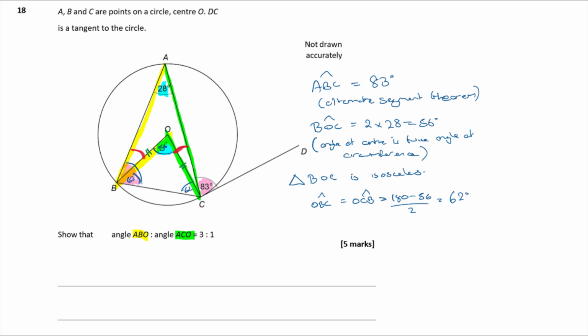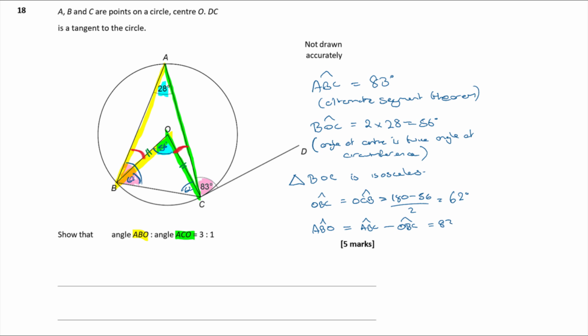So I'm feeling like we can now at least find one of our angles. We can find ABO, can't we? Because I know that ABC is 83, and I know that OBC is 62. So if I take one away from the other, it's going to leave me with ABO. So angle ABO, which is one of the ones I wanted to find, is going to be angle ABC, which I already found, minus angle OBC, which I just found.